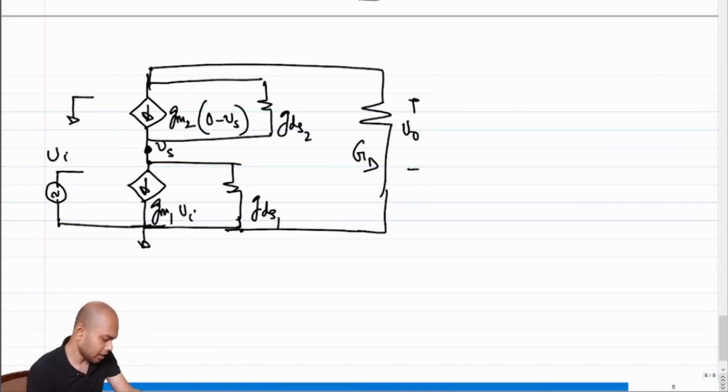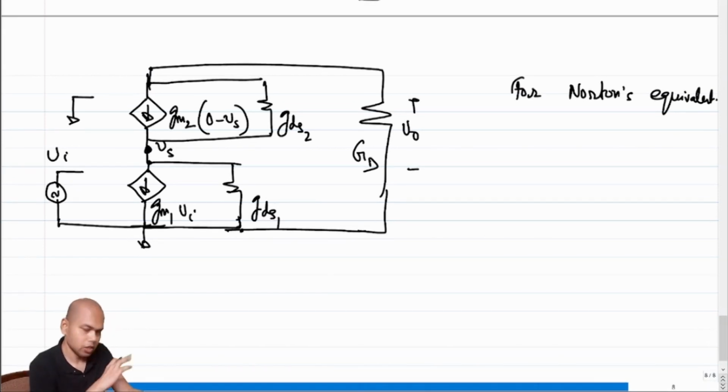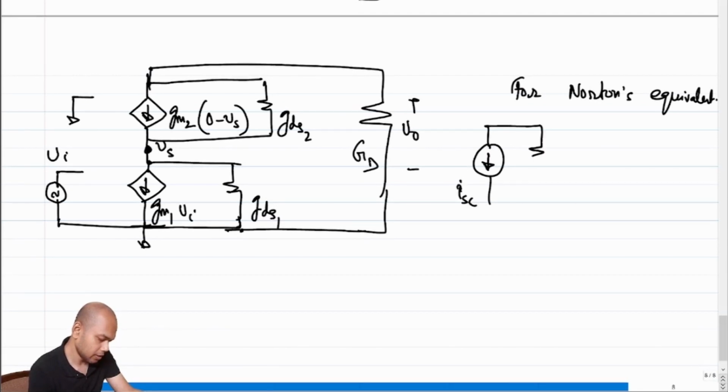So let's do an analysis of this. In order to find V0, let's Nortonize the circuit. What will be the Norton equivalent? For the Norton equivalent, we need to find out ISC, and I need to find out R out.